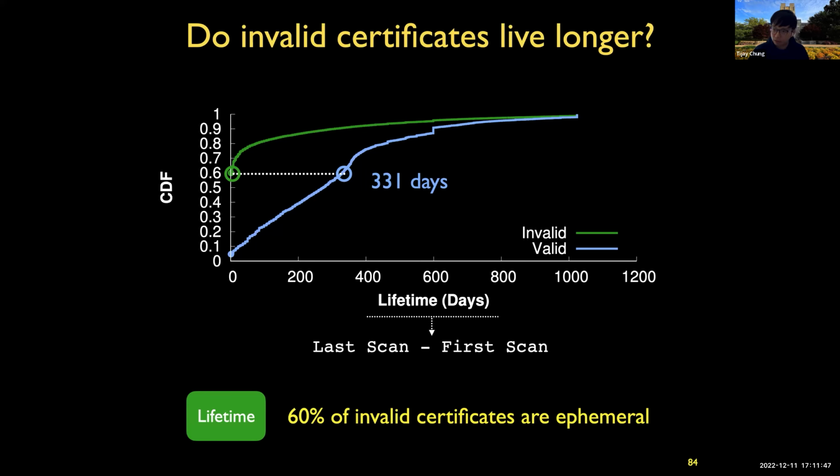This is so bizarre because the certificate's validity period is really long, like 20 years, which means you could use the same certificate for 20 years. But when you scan the internet, for the certificates that you see today, 60% of them you cannot see ever again, right? This is so weird.